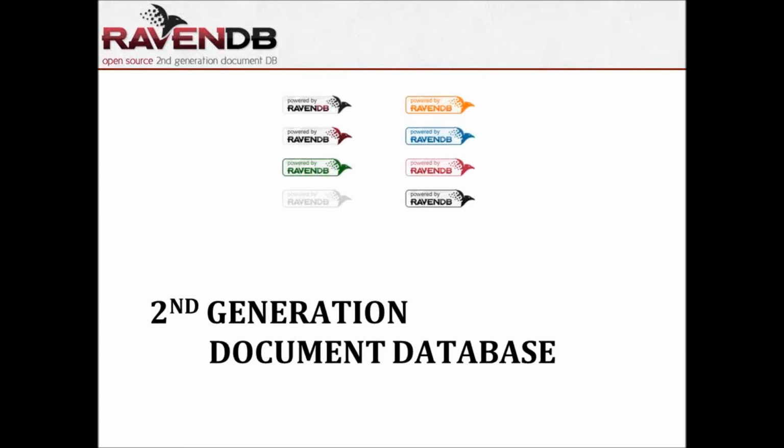RavenDB is a second generation document database. As I said, it's been around for only 2.5 years. And this is a very significant difference from the other document databases that are out there, because we've been able to actually sit down and look at what they're doing and then say, I know what works and how it works.